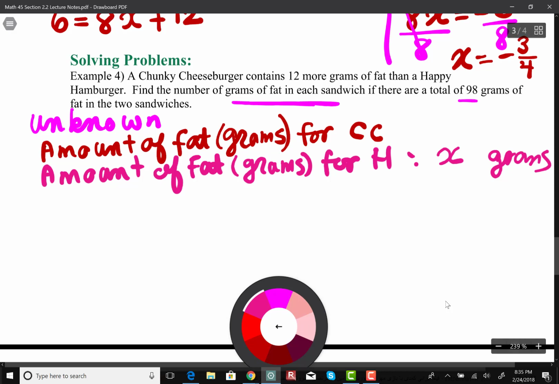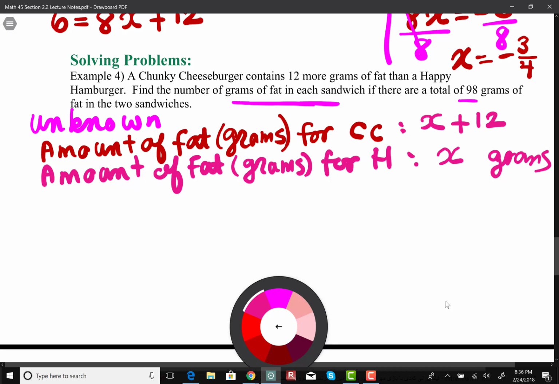Since this is X, we don't know what it is, so we call it X. Then Chunky Cheeseburger has 12 more, and we have to write it as 12 more means add 12 to X. So for example, if the Happy Hamburger has 10 grams of fat, then Chunky Cheeseburger would have 10 plus 12, which is 22. We don't know what it is, so we're trying to figure it out. But to be able to write it as an expression is the technique that you're learning right now.